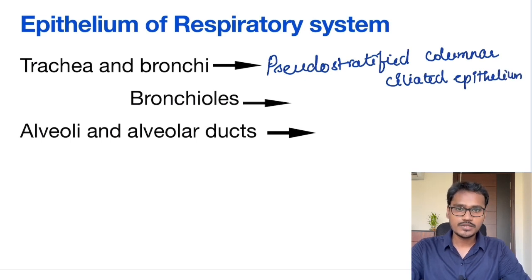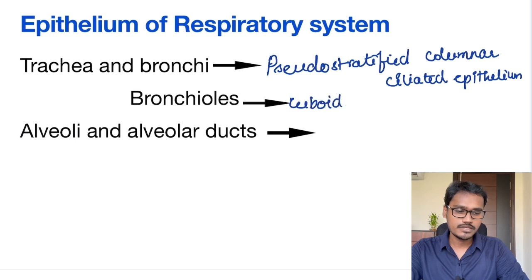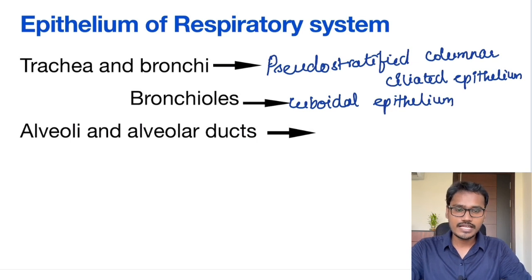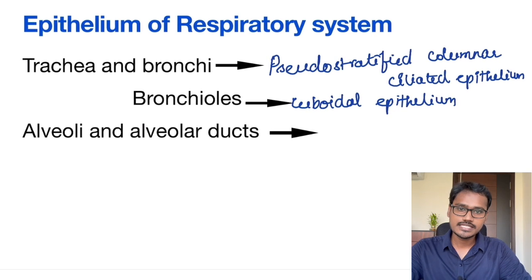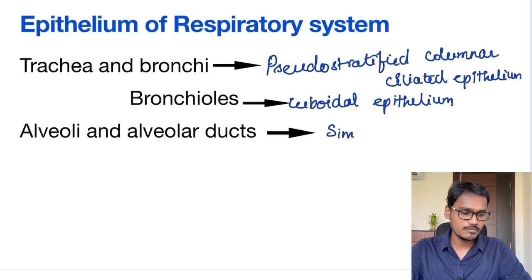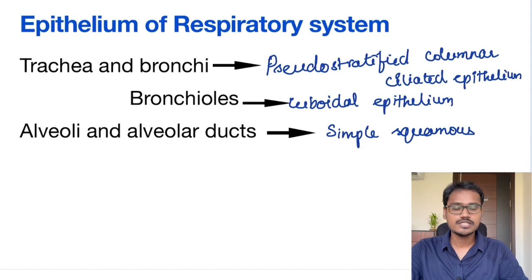Coming to the bronchioles, they are made up of cuboidal epithelium. Then the alveoli and alveolar duct are made up of simple epithelium, simple squamous epithelium.